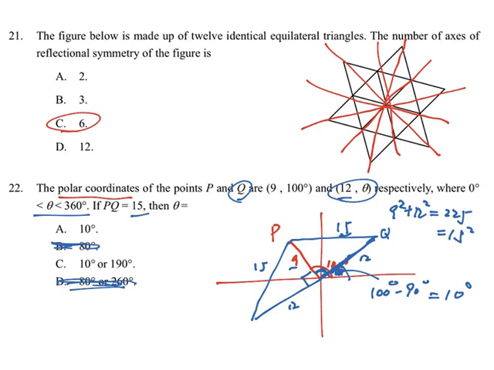And then one more. For this Q, because it is 100, 100 plus 90, so 190. So the answer is C.